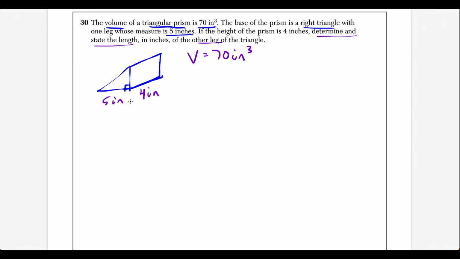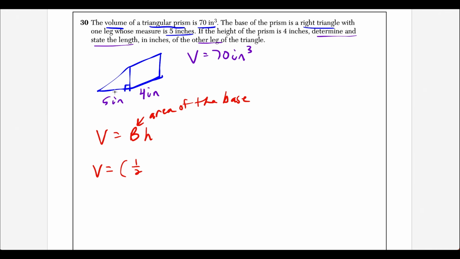What you need to know when you have a prism like this is that the volume of a prism is equal to capital B times H, where B is the area of the base. Well, one thing to point out here is that our base is a right triangle. So we could say the volume is equal to 1/2 base times, well, I'm going to rename this because it uses H already.